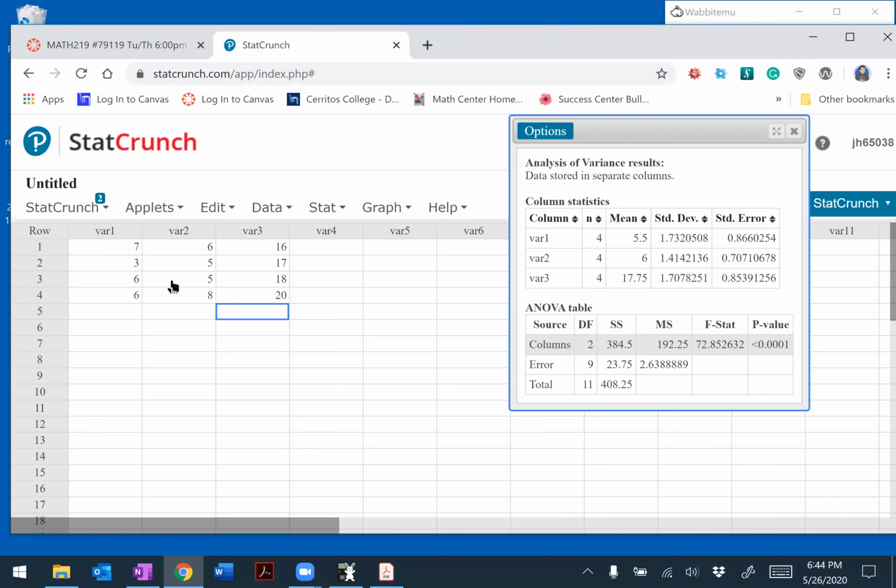And what does that mean? It means that they are not the same, that they are not similar, okay, that they are extremely different because, yeah, the average of group 3 is certainly much different than the average of groups 1 and 2.